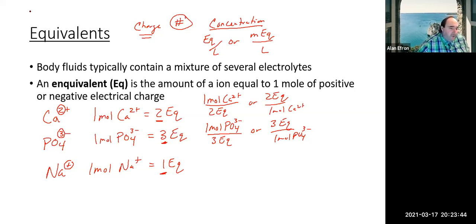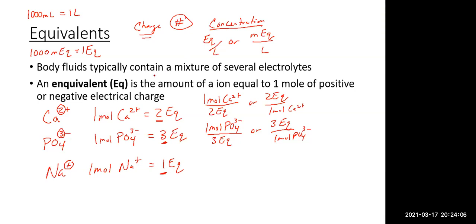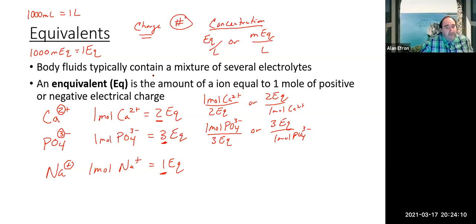It's the same conversion as 1,000 milliliters in a liter. There would be 1,000 milliequivalents in an equivalent. So it's the same sort of conversion as with milliliters and liters. Sometimes we're asked to figure out the concentration of a solution in equivalents per liter or milliequivalents per liter.